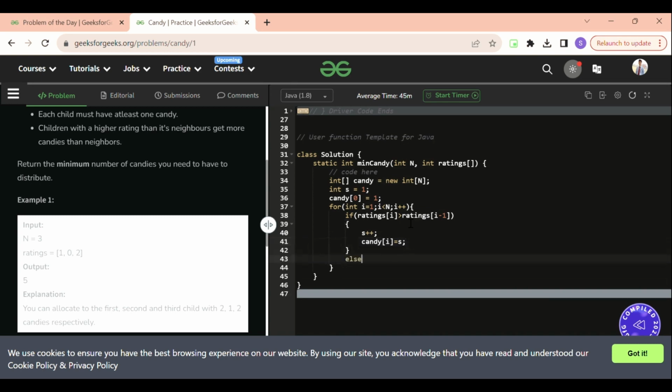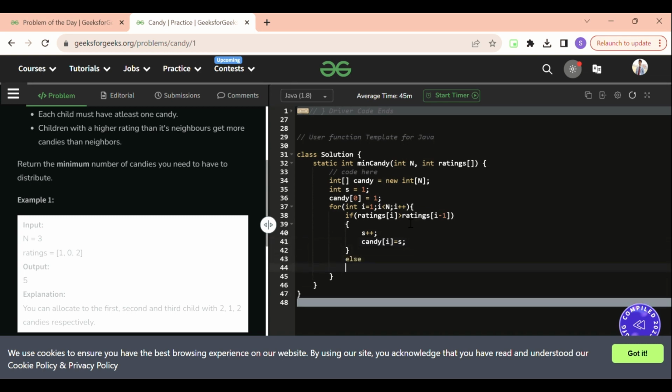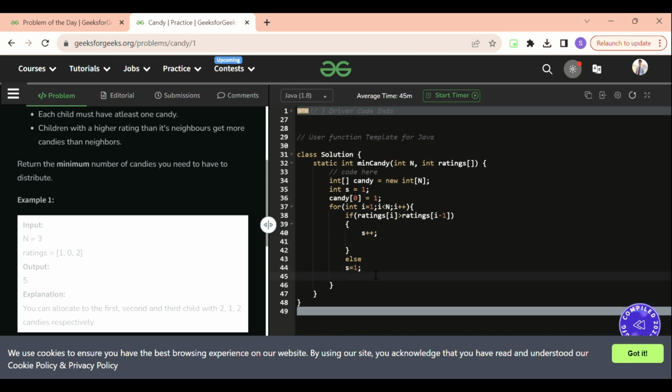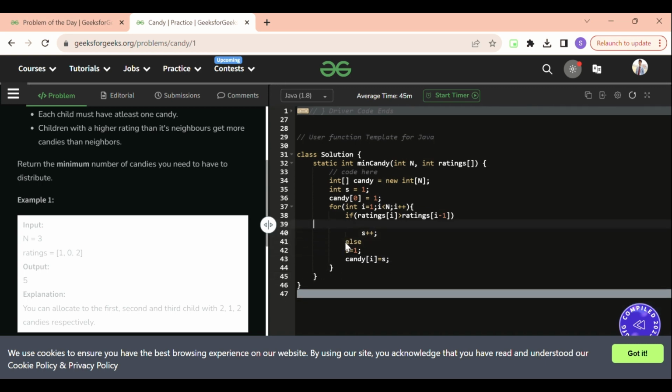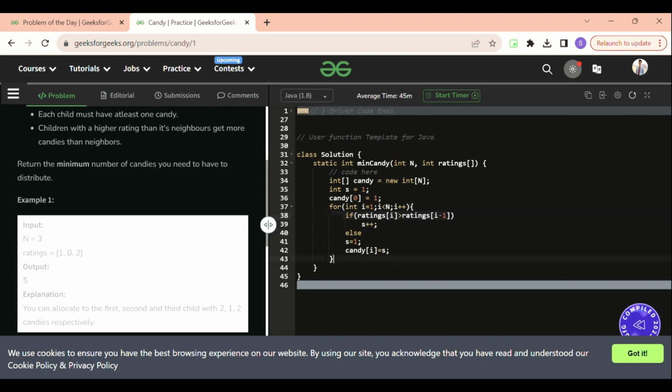Otherwise s = 1. So what I can do is remove this from here and put it here so that it runs for both cases. I think that's it. And in this way I have distributed the candy from one side.